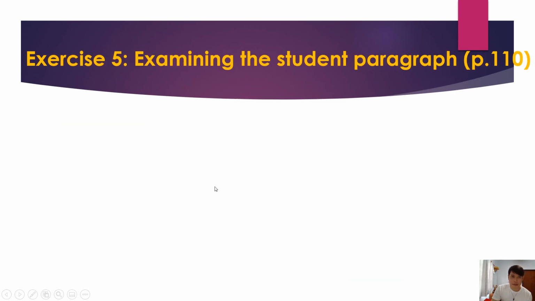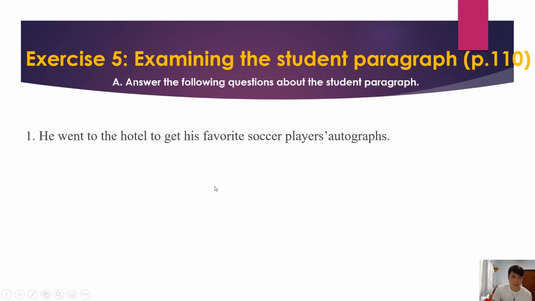And exercise 5. Now answer the following questions. The first one: why did the writer go to the hotel? This is the answer: he went to the hotel to get his favorite soccer player's autograph or signature.